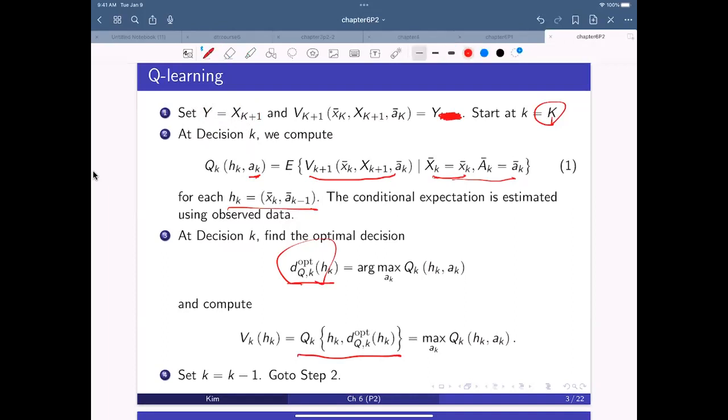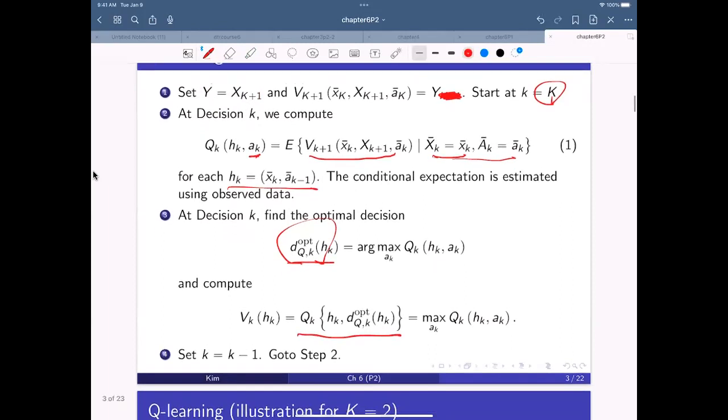I just want to write it as a single expression. You could define Q at capital K, H_K, A_K as the expectation of Y given X bar K and A bar K, right? And then for capital K and for small k, you can just use it.